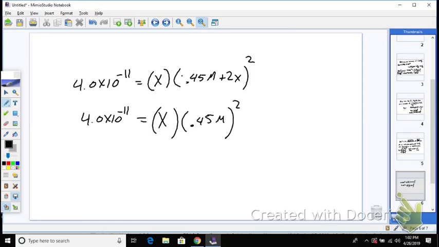So what you do is you substitute in the molarity of the fluoride ions for your 2x, and then solve for x. It should be really small, or it should be smaller than normal. But we'll see. So x is equal to 4.0 times 10 to the minus 11 divided by 0.45 molarity squared.